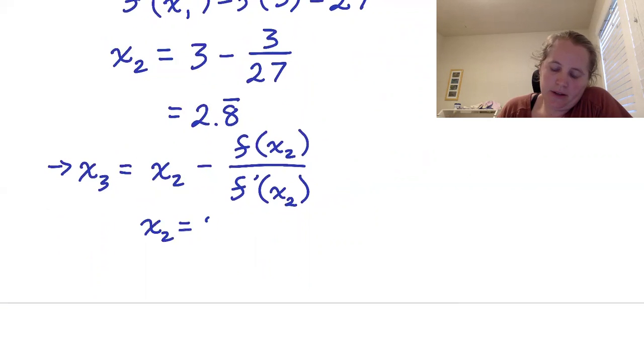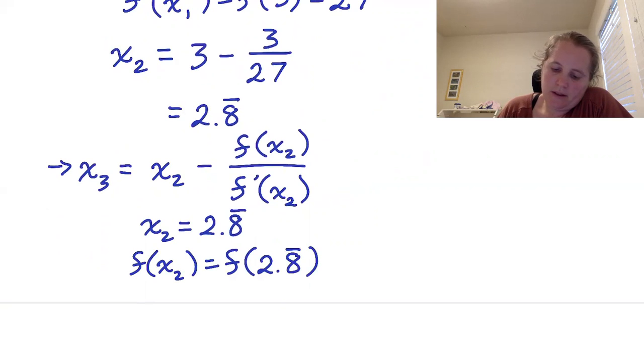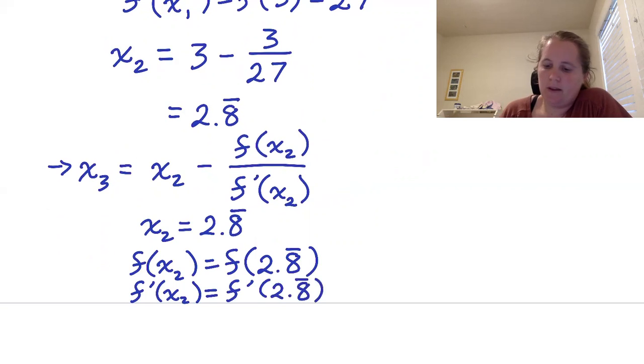X2 was 2.8 repeating. F of x2 is therefore f of 2.8 repeating. And f prime of x2 is f prime evaluated at 2.8 repeating.